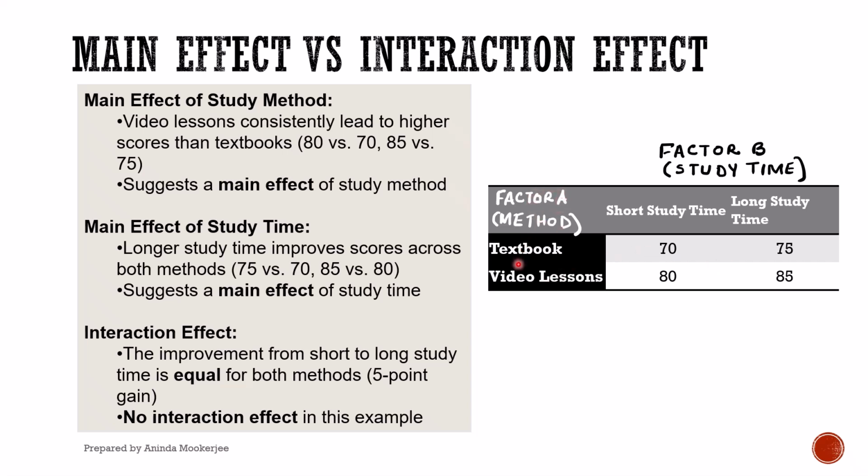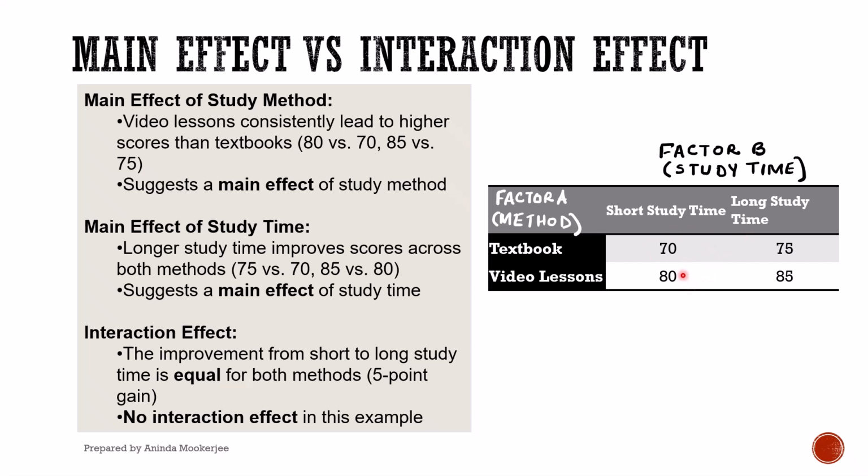The first level of the study method in factor A is just studying from the textbook. And the second method is using video lessons to study for a course or for a subject. The other factor, factor B, is study time. So one of them is short study time and the other one is longer study time. And these are the scores.